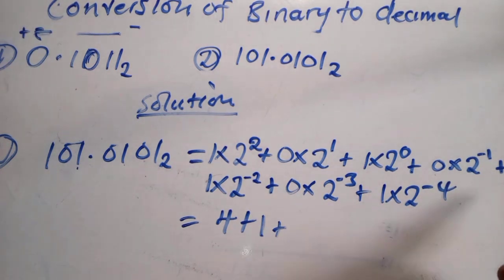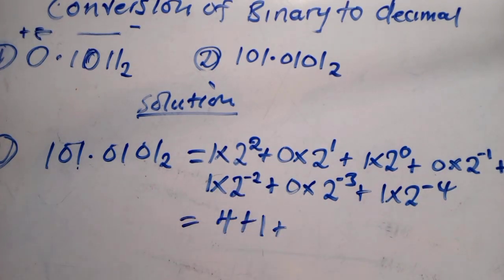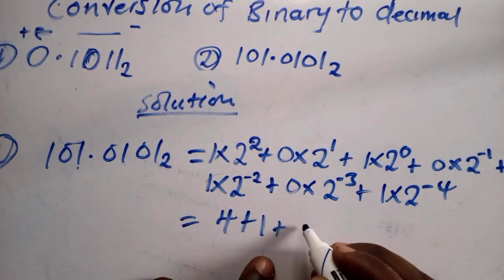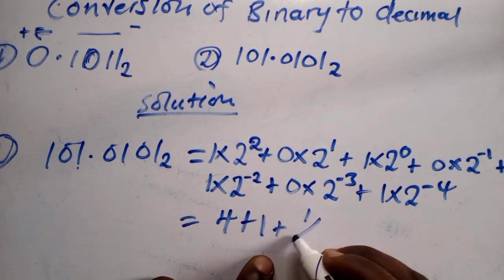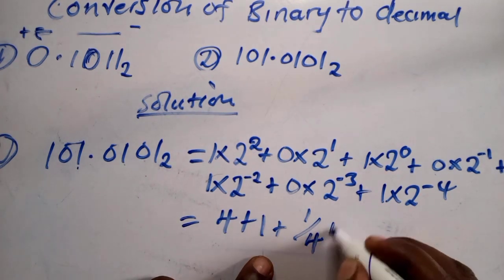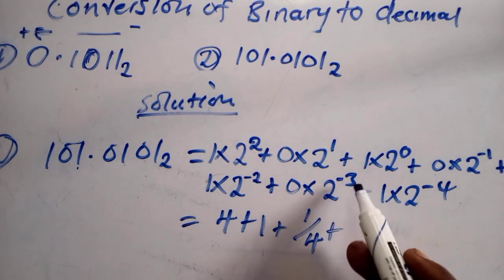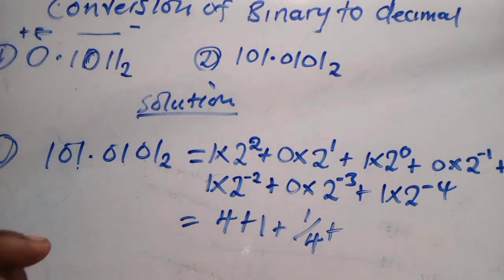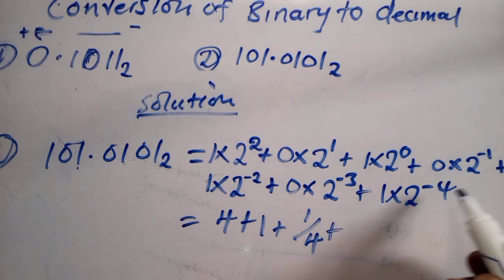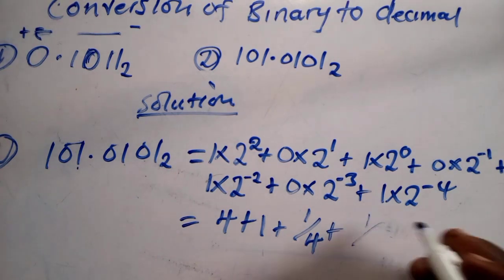So we don't get that number. Then plus 1 times 2 to the power -2, we are going to have 1 over 4. Then plus 0 multiplied by 2 to the power -3, it is 0. So we don't get that answer. Then 1 times 2 to the power -4 is going to be 1 over 16.